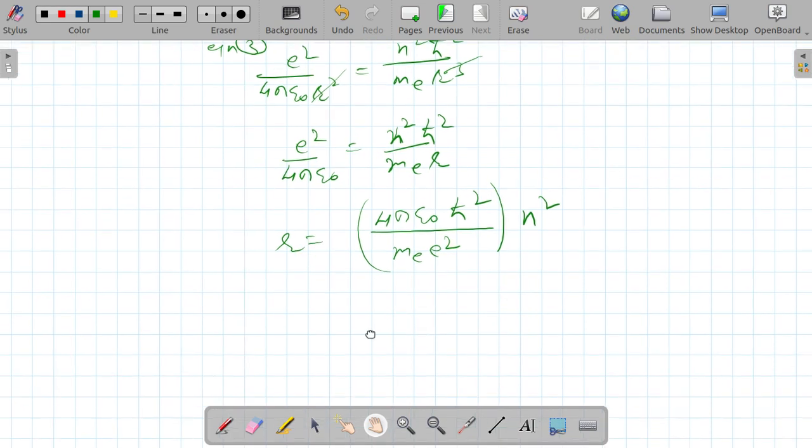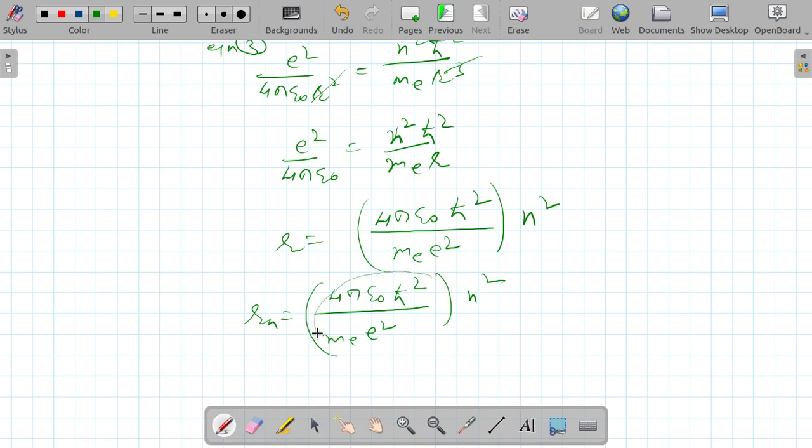So this is the radius and it's a function of n. So this r can be replaced with rn, the radius of the nth orbit: 4 pi epsilon naught h cross square over me e square, into n square. Let me call this quantity a naught, so it is a naught n square, or n square a naught. Let me call it equation number 5.